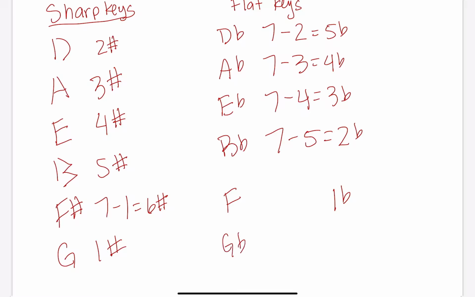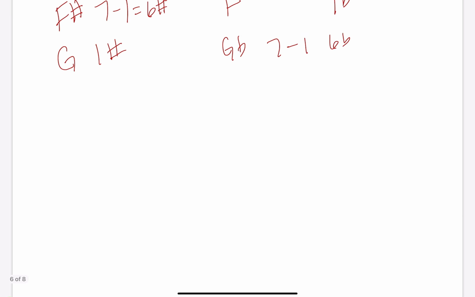G flat will have 7 minus 1, giving us 6 flats. Okay, so just a couple of tricky little helpers. And then with C, it's all of everything. So C natural has 7 naturals, which is the same as 0 sharps, 0 flats. C sharp has 7 sharps, has all the sharps. C flat has 7 flats, all the flats.